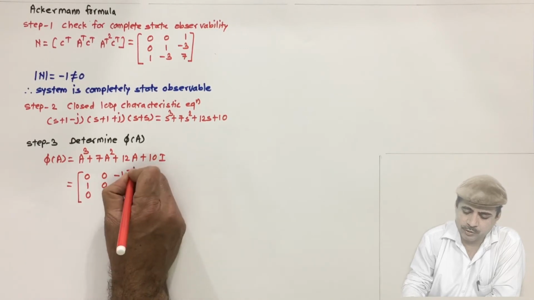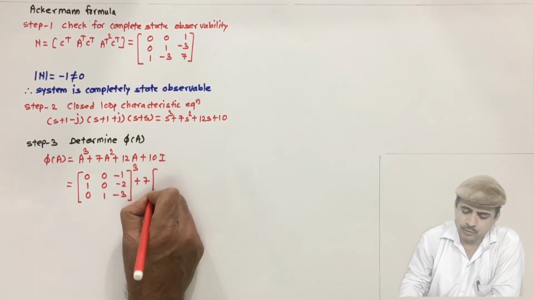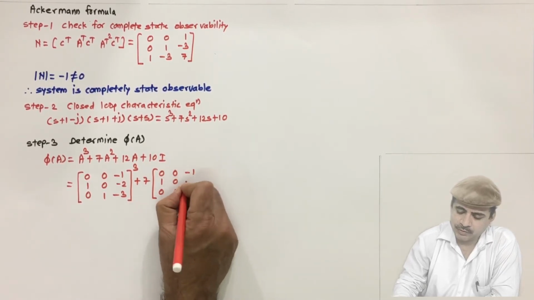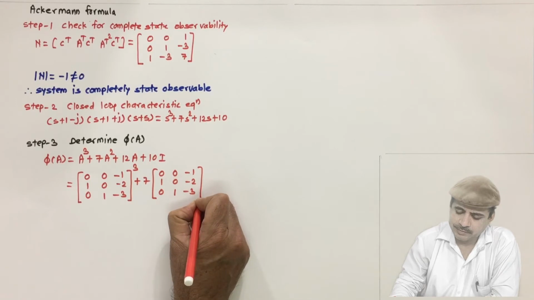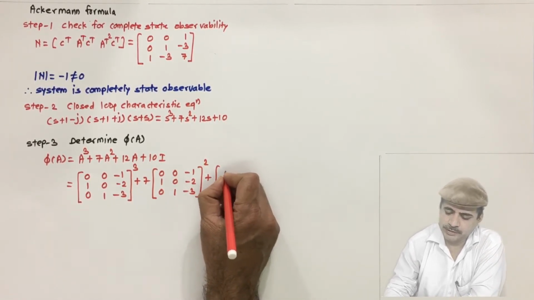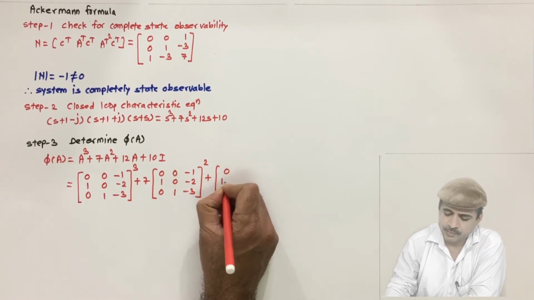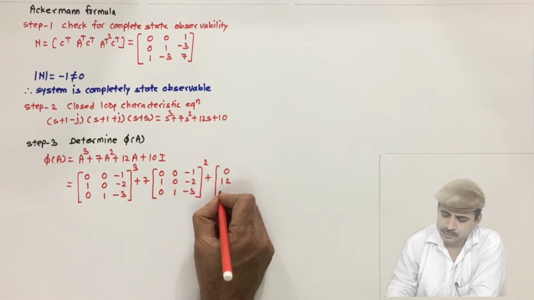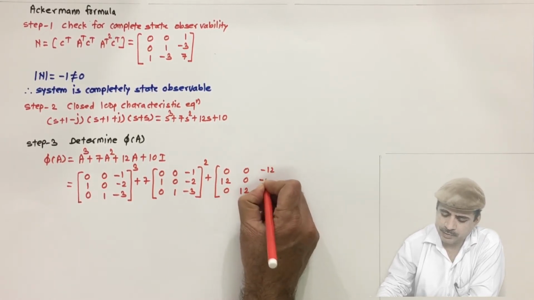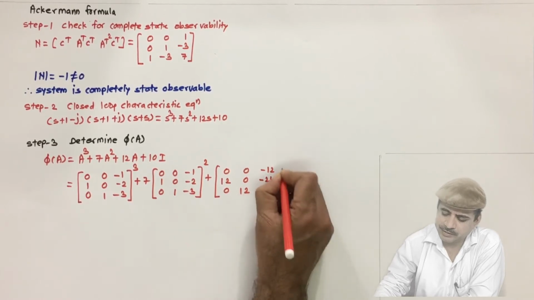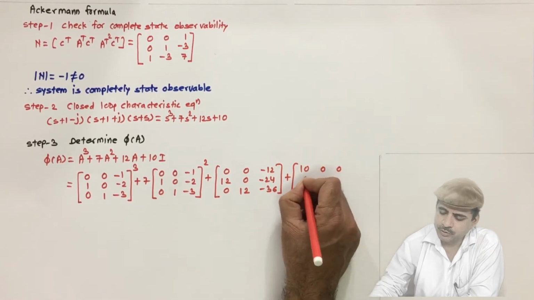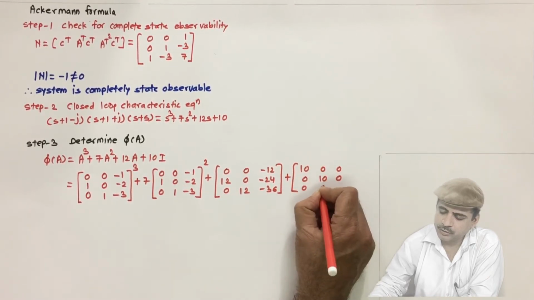This is a matrix, so it is A cube plus 7 into A square plus 12 into A, that is 0 12 0, 0 0 12, minus 12 minus 24 minus 36, plus 10I, so 10 0 0, 0 10 0, 0 0 10.